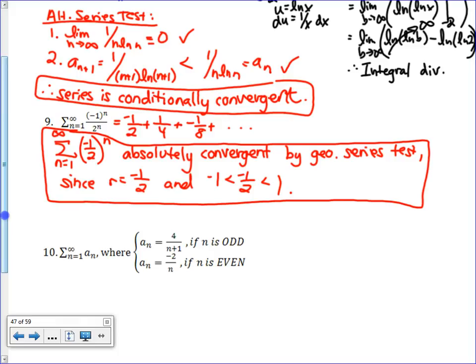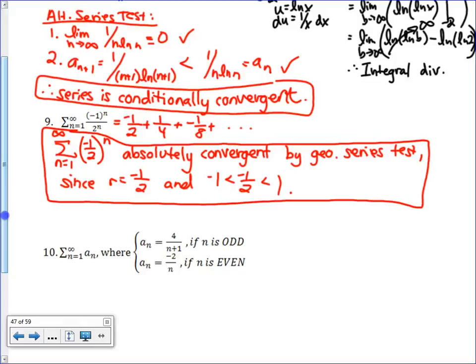Does that make sense, guys? You could have still done absolute value, and you would have said yes, converging, and then you could have done alternating series and said yes, converging. Well, if absolute value is converging, then absolutely convergent, right? Or you could have thought, wait, geometric series, I don't even need alternating. I can just say, yes, r is negative 1/2. Done. Good.